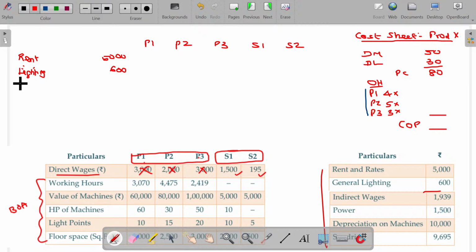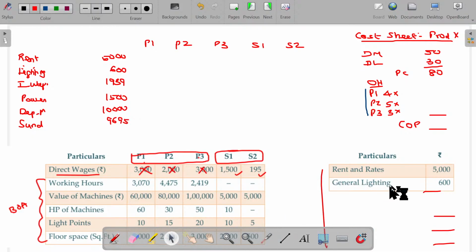Indirect wages, the value being 1939. Power, 1500. Depreciation on machine, 10,000. Sundries, other expenses, 9695. Clear?